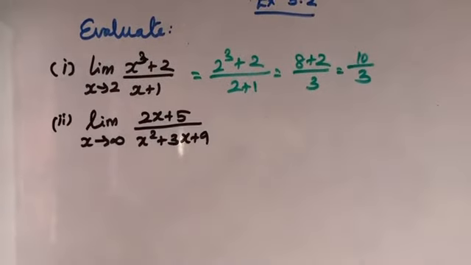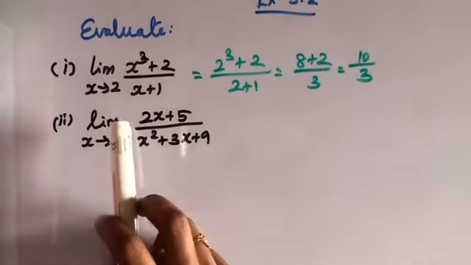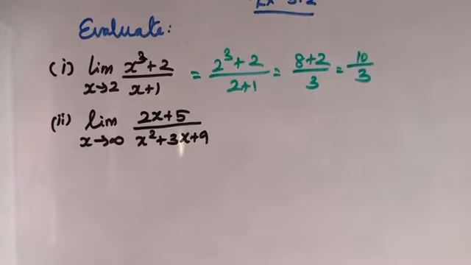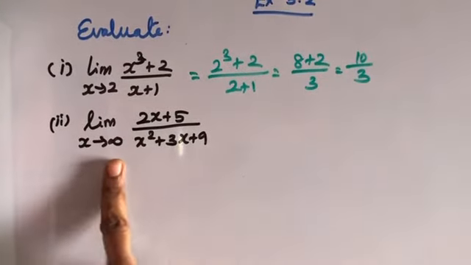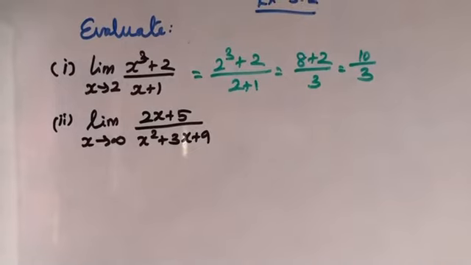Second one, limit x tends to infinity, 2x plus 5 divided by x square plus 3x plus 9. Infinity, it is infinite value, we couldn't substitute it into x directly.